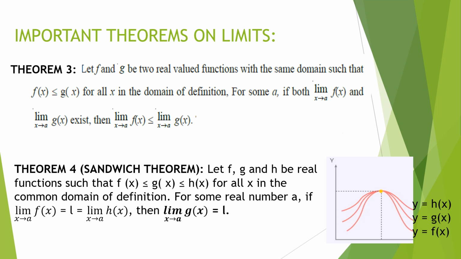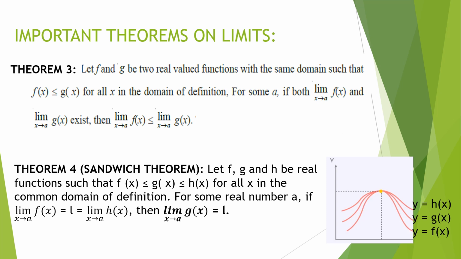Let f and g be two real valued functions with the same domain such that f(x) is less than or equal to g(x) for all x. For some a, if both limit x tends to a f(x) and limit x tends to a g(x) exist, then limit x tends to a f(x) will be less than or equal to limit x tends to a g(x). Means if f(x) is less than or equal to g(x), the limit will also behave in the same way.